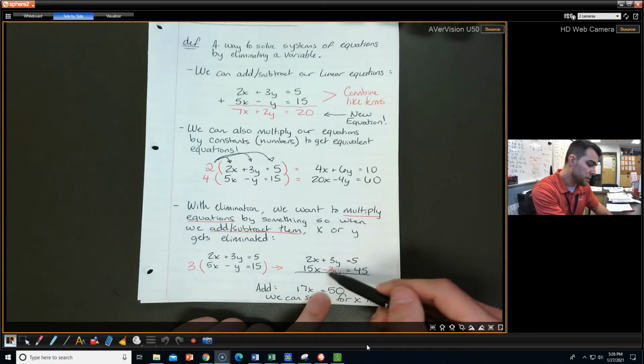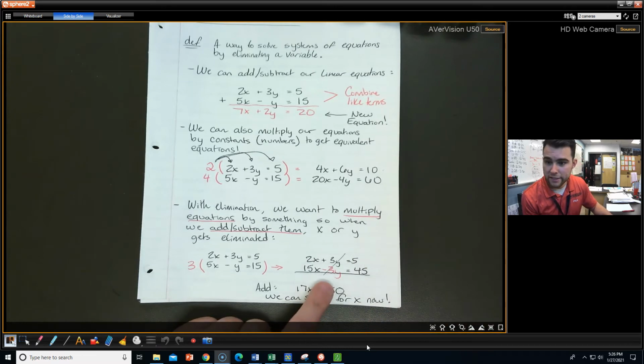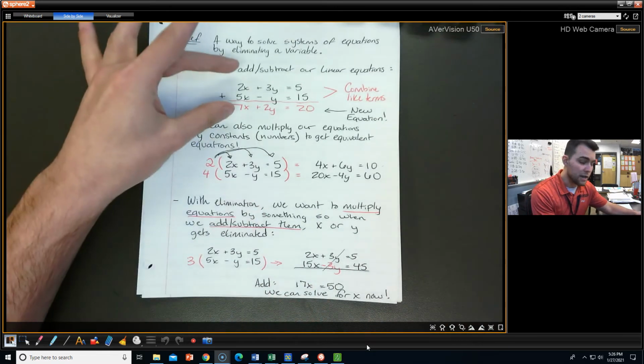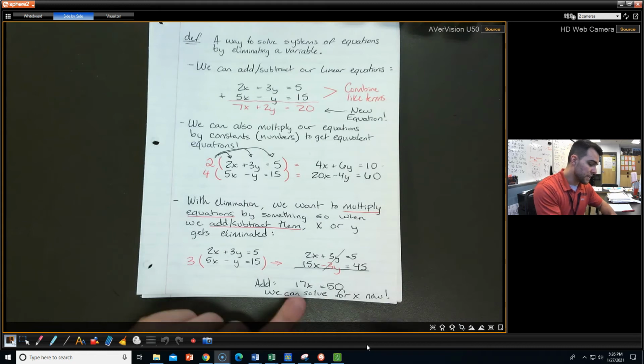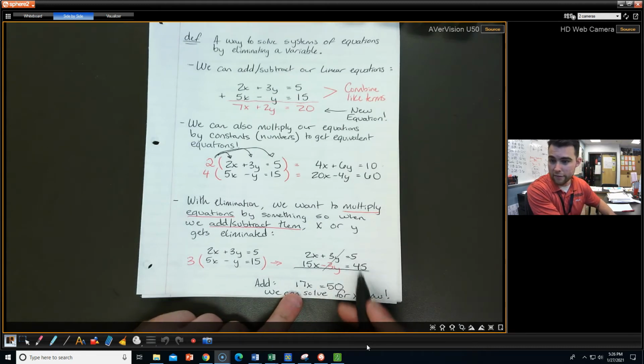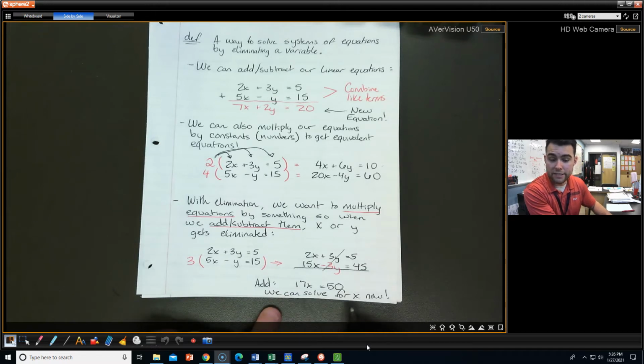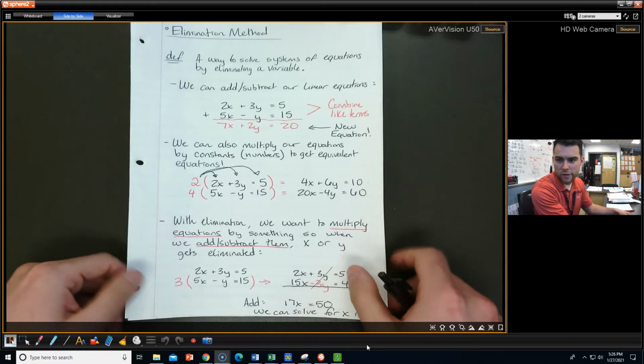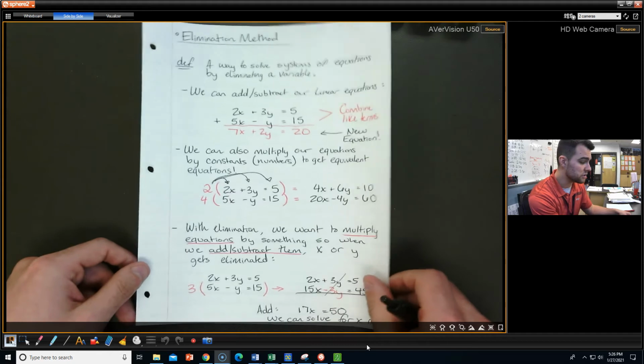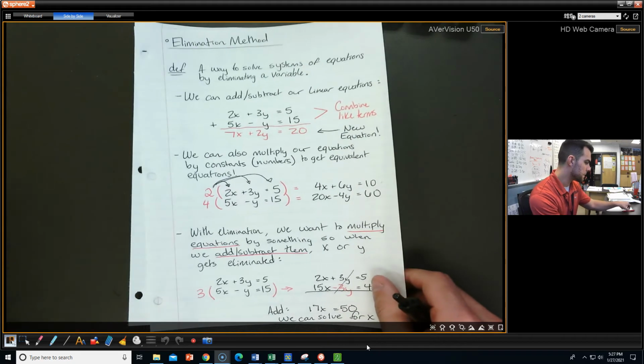And what happens to my y's? They cancel when I add them together. So I get 17x equals 50 after I add the 5 and 45. Now I can solve for x by dividing both sides by 17. This elimination process is really nice, and in a lot of ways better than substitution. Not always, and sometimes we do have to rely on substitution, even with elimination.